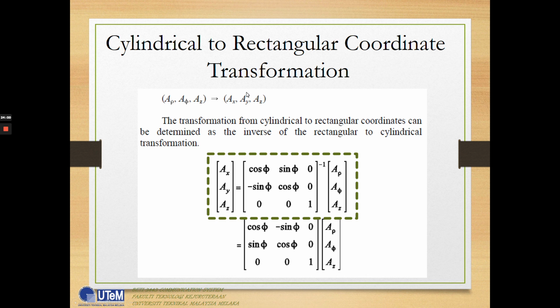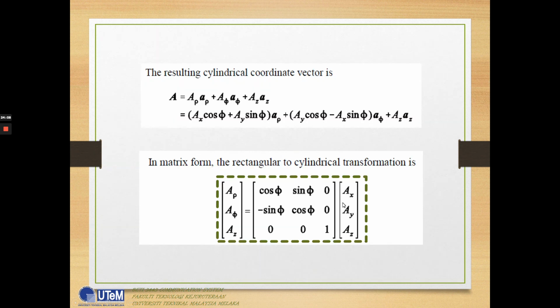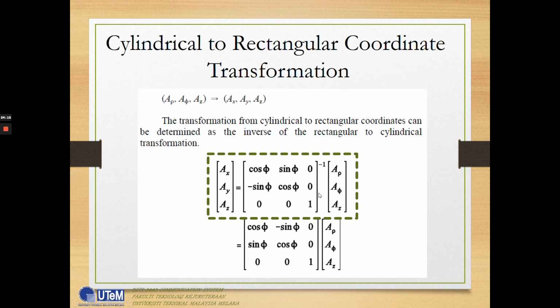Now we converted rectangular to cylindrical, right? Now if you want to do cylindrical to rectangular, it was here like that, so you need to bring this one here. What we do is what we call the inverted matrix, or matrix inversion.